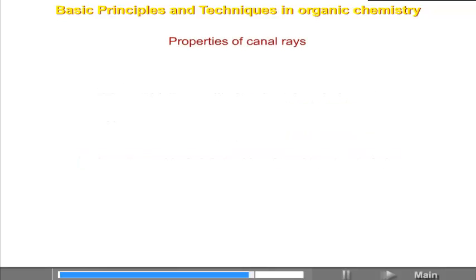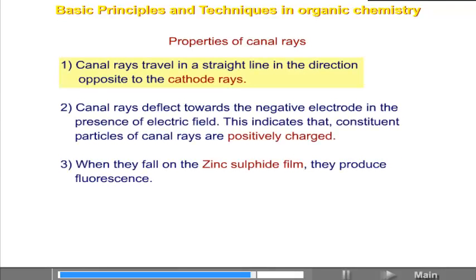Properties of canal rays. First, canal rays travel in a straight line in the direction opposite to the cathode rays. Second, canal rays deflect towards the negative electrode in the presence of electric field. This indicates that constituent particles of canal rays are positively charged. Third, when they fall on the zinc sulfide film, they produce fluorescence.